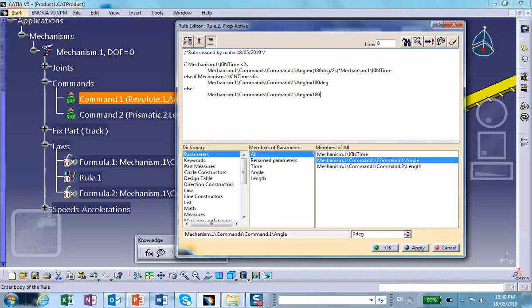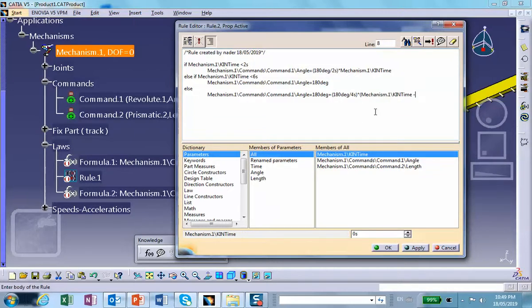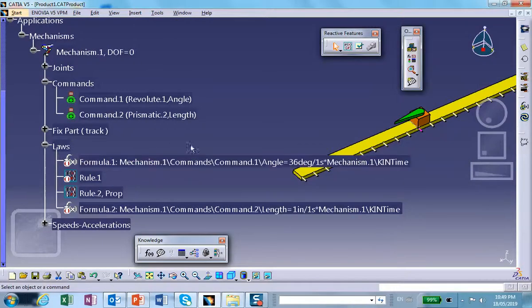Do not forget to add that. Plus, what's the speed there? It is going to go 180 degrees in 4 seconds. So 180 degrees in 4 seconds times parentheses, here's the time, minus the breakpoint, which was 6 seconds. Okay, assuming that there is no syntax error, I'm going to close this, no problem, and do another one.